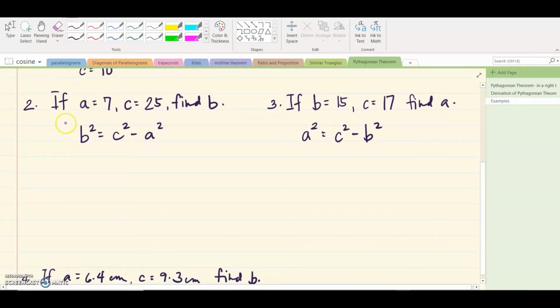Okay, next, number 2. If a equals 7, c equals 25, find b. One of the legs is missing, so use b squared equals c squared minus a squared.